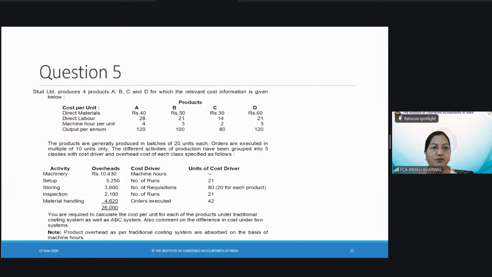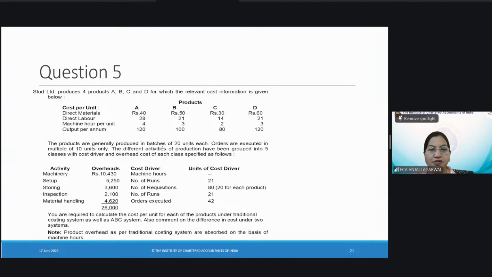Stud Limited produces 4 products, A, B, C, D, for which the relevant cost information is given below. Direct materials 40, 50, 30, 60. Direct labor 28, 21, 14 and 21. This is in rupees. How many machine hours were used per unit? 4, 3, 2, 3. And what is the output per annum? 120, 180, and 120.